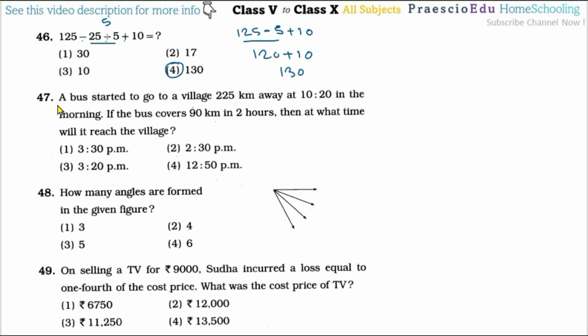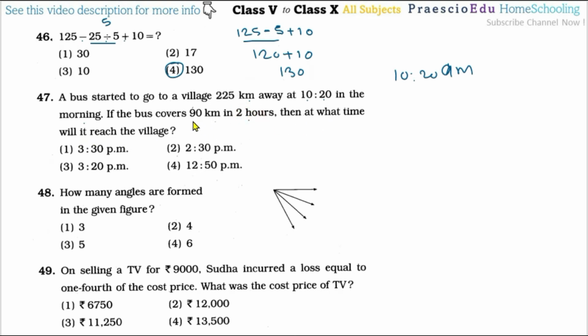Then question number 47. A bus started to go to a village 225 kilometer away at 10:20 in the morning, that is 10:20 AM. If the bus covered 90 kilometer in 2 hours, then at what time will it reach the village?